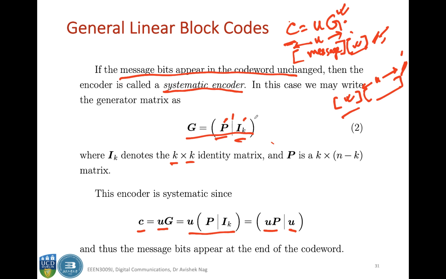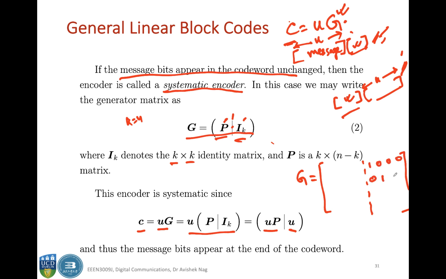So to illustrate this fact, let's take an example right now. Let's imagine that your K is 4. In that case your G might look like this. Okay, so let's have this line, and this part is easy to write. This will be an identity matrix, K cross K. So a 4 cross 4 identity matrix would look like this.